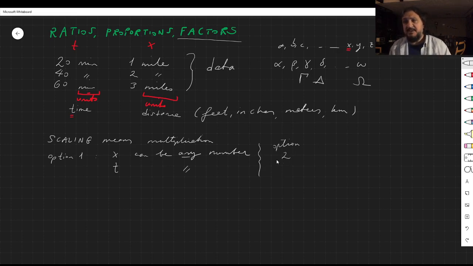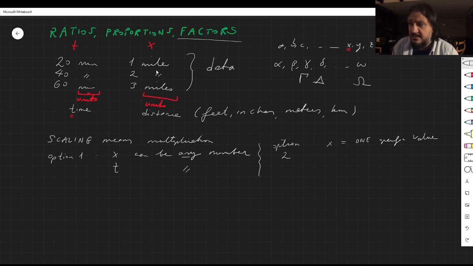X may mean one of these numbers, okay? X refers to one specific point, okay? Value. But then, what about 2?